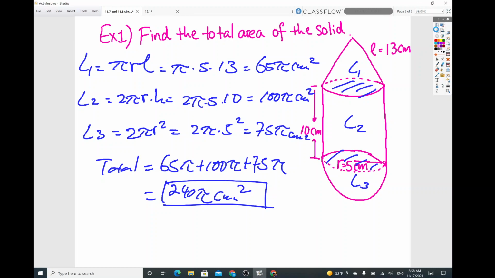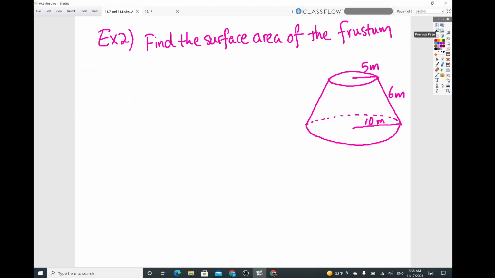Okay, now let's see what else we have. Find the surface area of a frustum. The frustum is just the lantern shape. To get the surface area, we need to find the area of those bases, the small circle and the big circle. So we have pi times r squared plus pi times capital R squared.